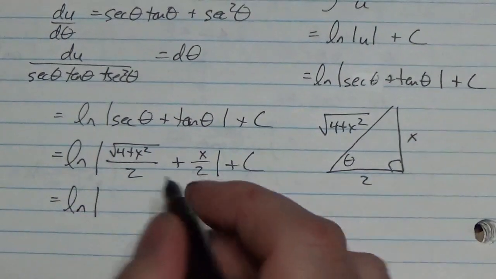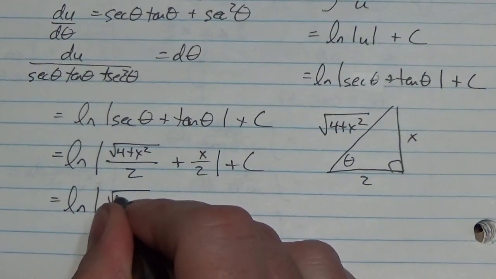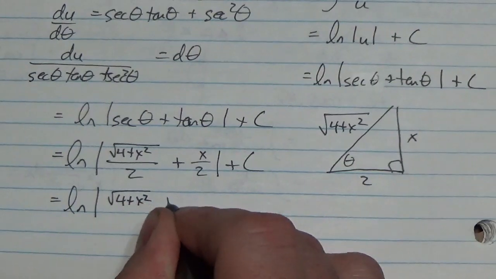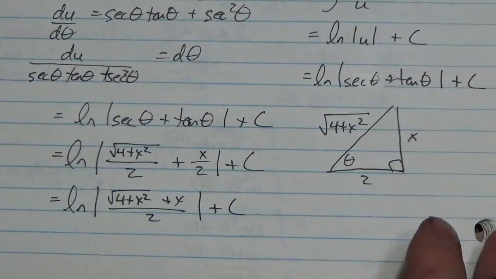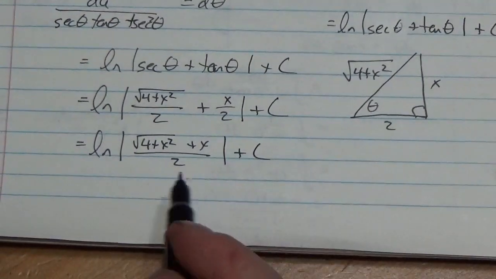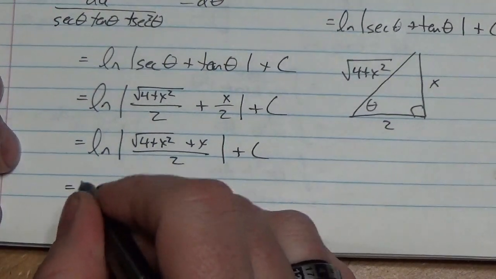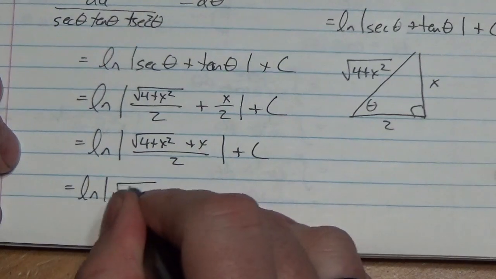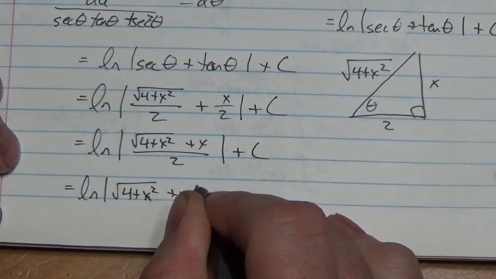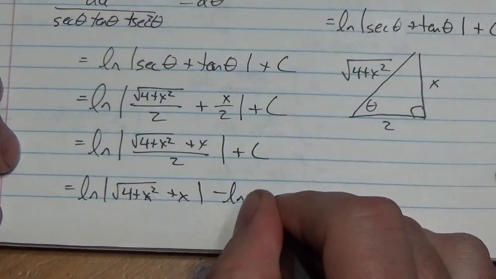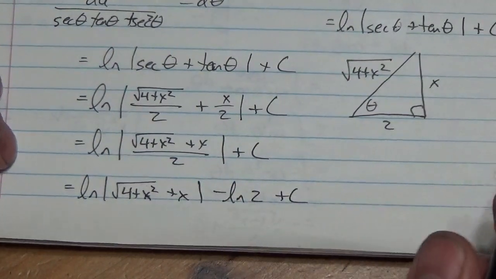This becomes the square root of 4 plus x squared plus x, all over 2. And if you think about your laws of logarithms, this is the same as the natural log of the square root of 4 plus x squared plus x, minus the natural log of 2, plus c.